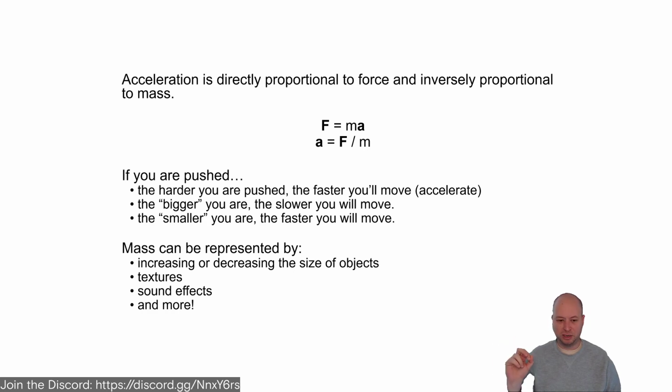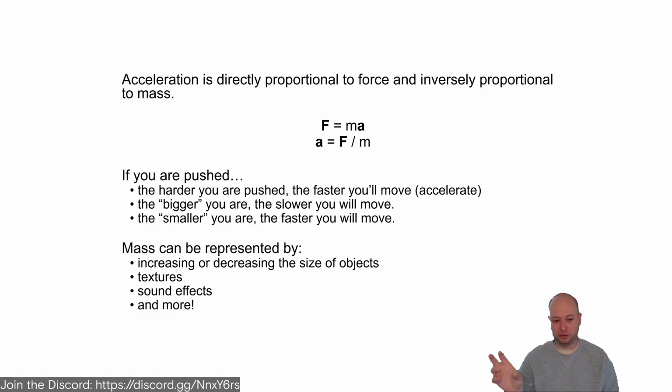You can represent it as textures and sound effects. Really, how you treat an object in a video game as massive is up to you in terms of how you represent it. Like we talked about, for example, with textures, you can show it being heavy by showing that this is metal or stone versus this is wood or straw, right?